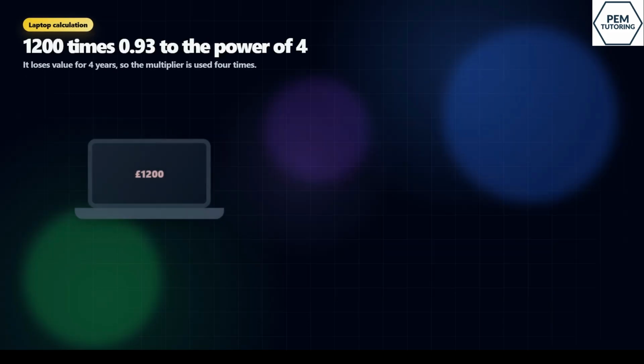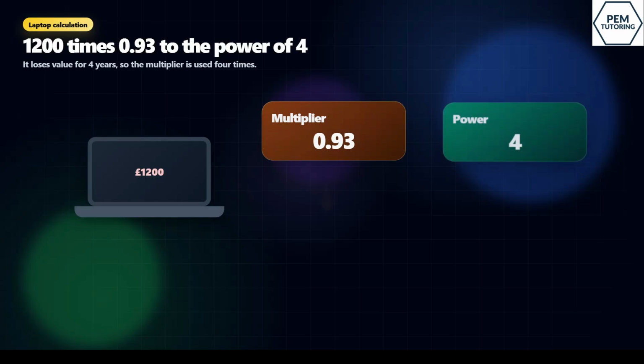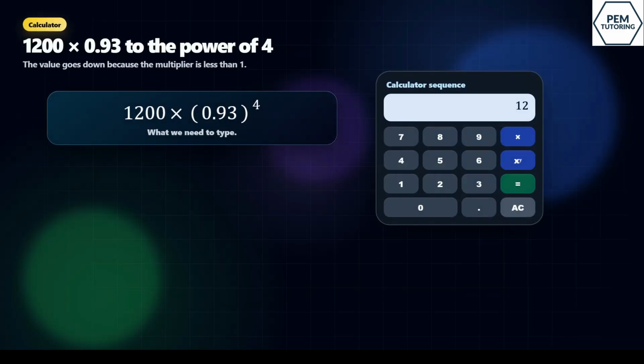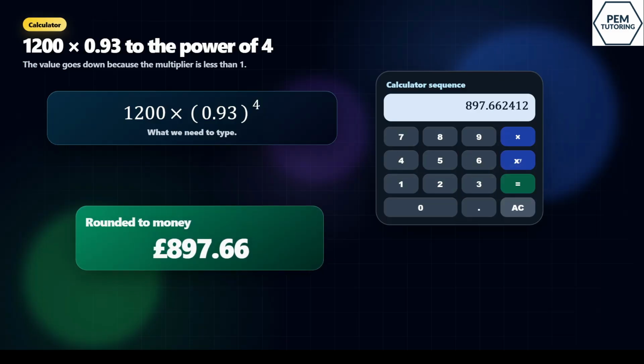If the laptop loses value for 4 years, the calculation is 1,200 times 0.93 to the power of 4. Type 1,200 multiply 0.93 power 4 equals. You get 897.662412, rounded to 2 decimal places. The laptop is worth £897.66.